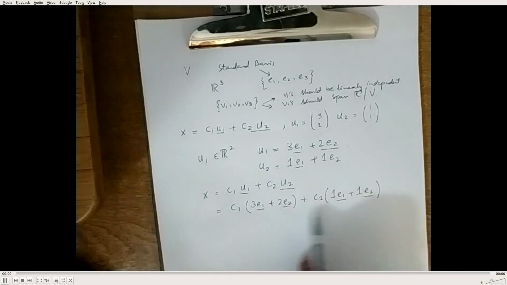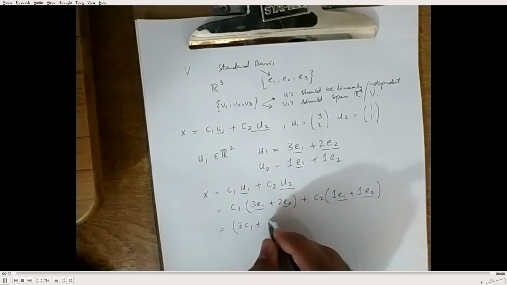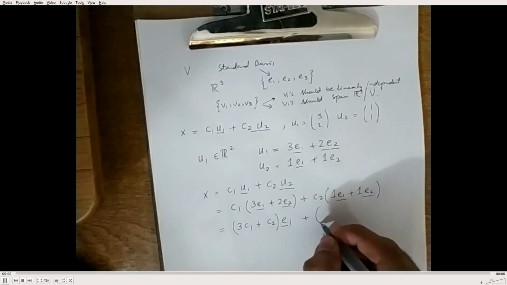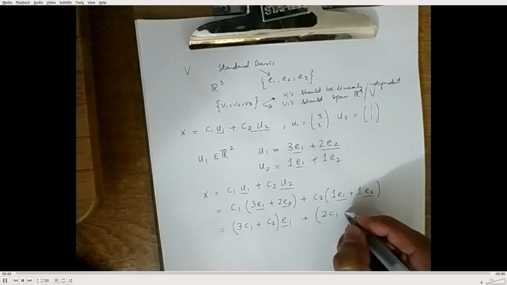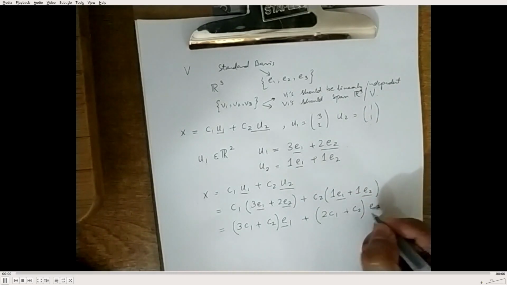I can collect the terms in E1, which will get me (3C1 plus C2) E1 plus (2C1 plus C2) E2.